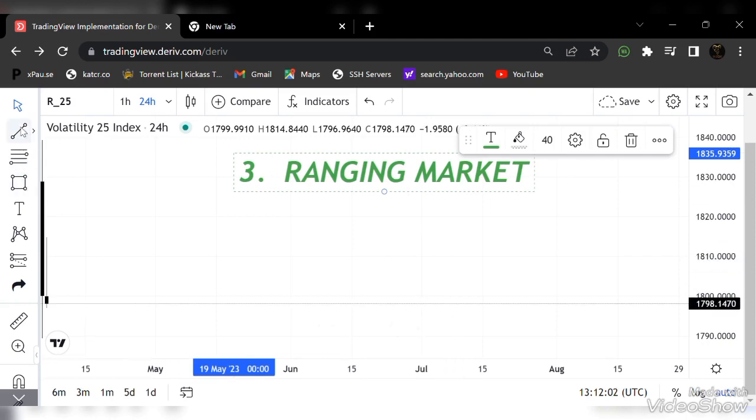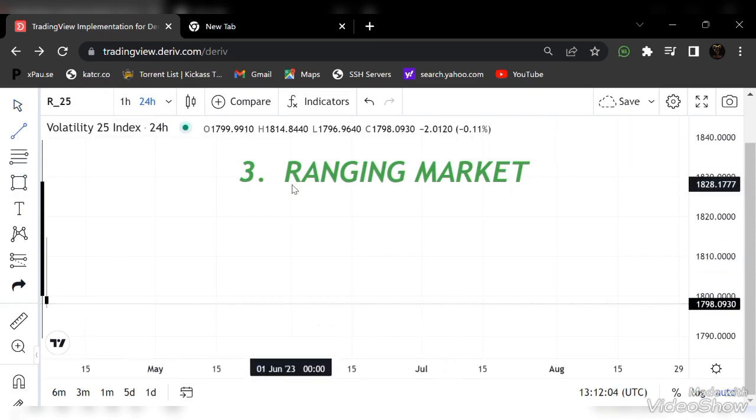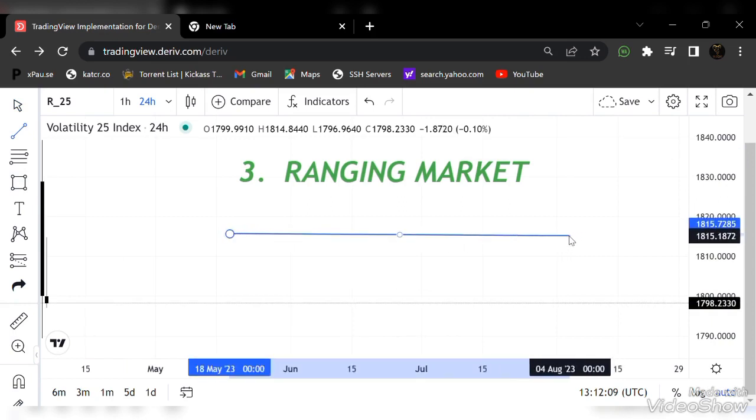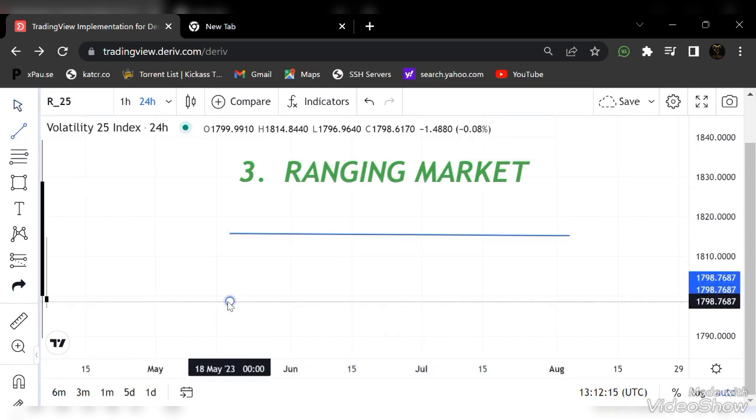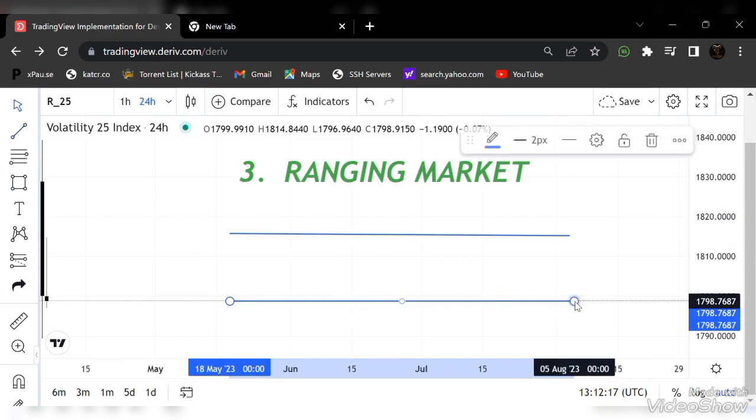So in a ranging market, this is the simplest market structure. We have a clear resistance right here and a clear support right here.